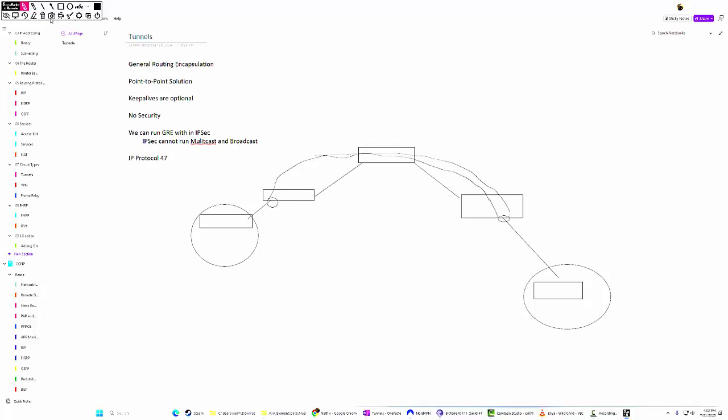Let's go back. Let's try this again. Okay, so there's our wormhole. And now switch 1, which is here, and switch 2 are going through the tunnel, as in they see traffic as if they are connected point to point.